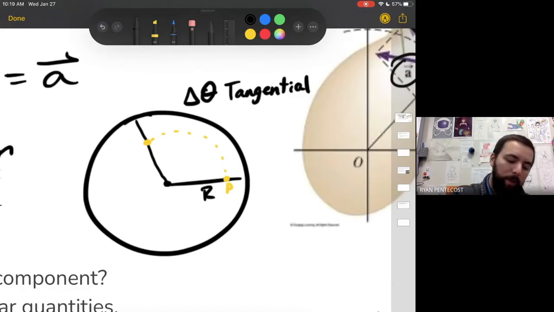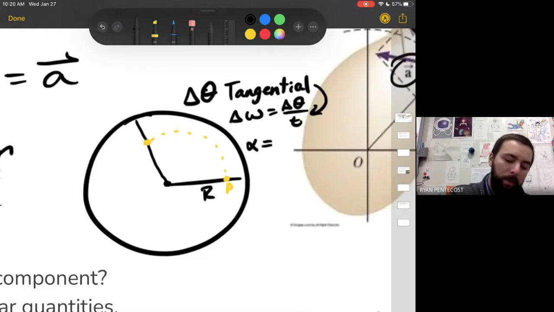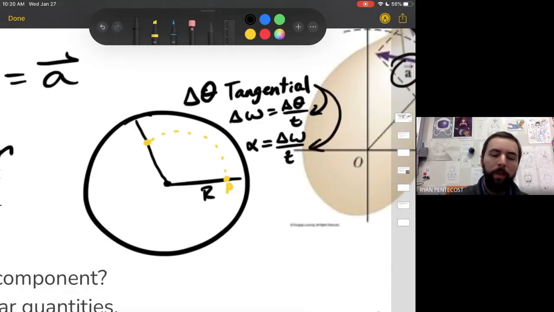So if we have delta omega, and that is just delta theta over t, that means that your change in angular position or angular velocity, that would also be tangential. And then the question asks if you have angular acceleration that is delta omega over t, that is also going to be tangential. Okay? It is not radial.